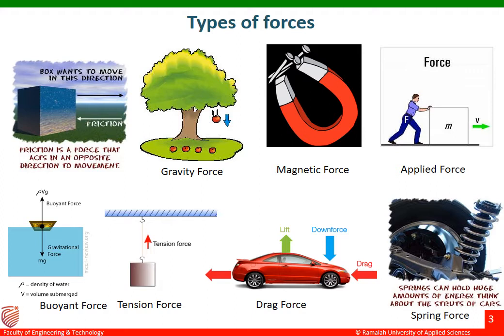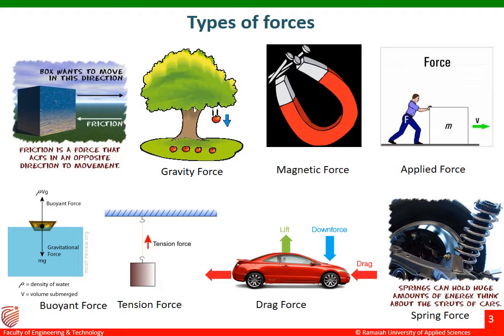Next one is normal force. And the next one is tension force. You can see there is a block which is tied to a rope, and then that rope is tied to the roof there with the help of hooks. We have to see what is the force acting on the rope, and then what is the force exerted on the block, and then what is the force exerted on the wall over there.